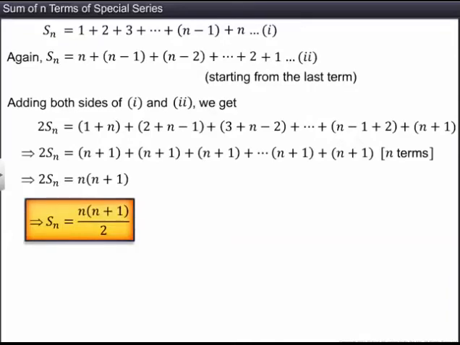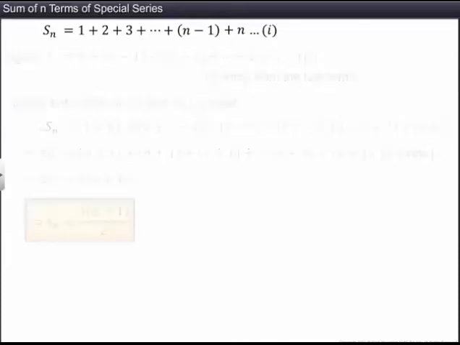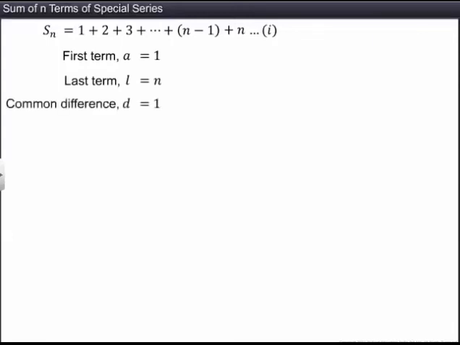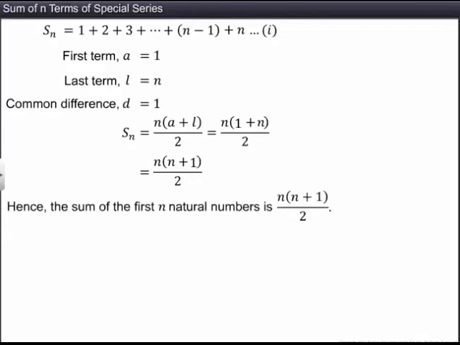Alternatively, the sum of the first n natural numbers can be found by using the formula for the sum of an AP. This series is an AP with the first term 1, last term n, and common difference 1. The sum of n terms is given by n into (a plus l) whole divided by 2, or n into (n plus 1) whole divided by 2. Hence, the sum of the first n natural numbers is n into (n plus 1) whole divided by 2.